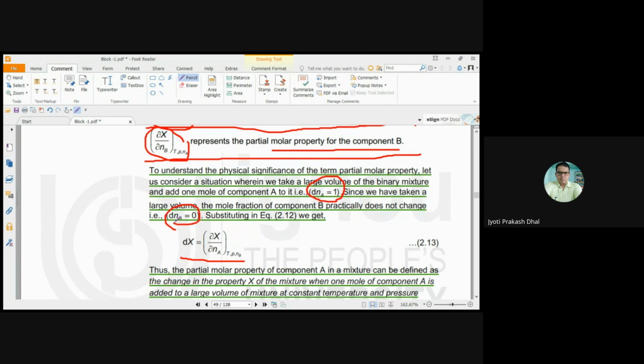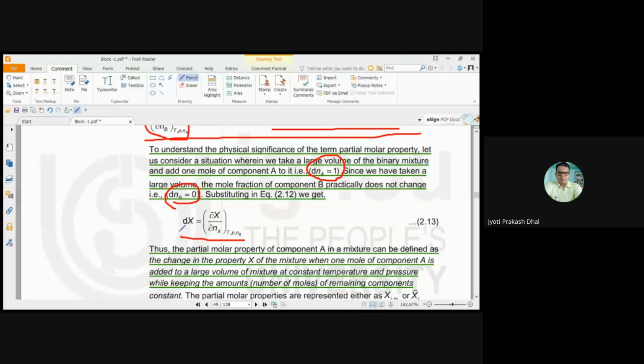That means we have not changed the number of moles of B in the solution. So in that case, equation 2.12 will become dX equals del X by del Na at constant temperature, pressure, and constant number of moles of B.